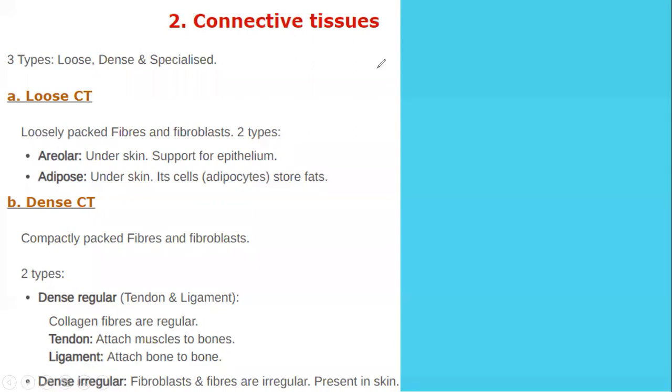They are the most abundant and widely distributed tissues in the body of complex animals, and they are named so because of their special function. Why are they named connective tissues? Because of their specialized function in linking and supporting other organs and tissues.